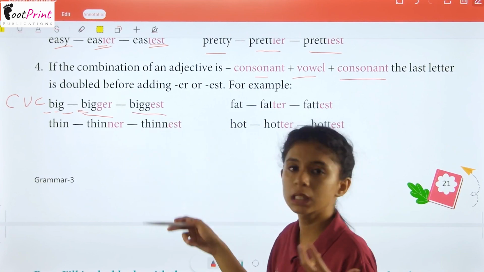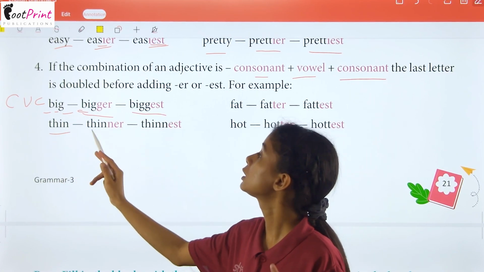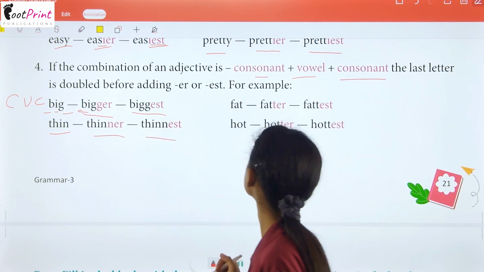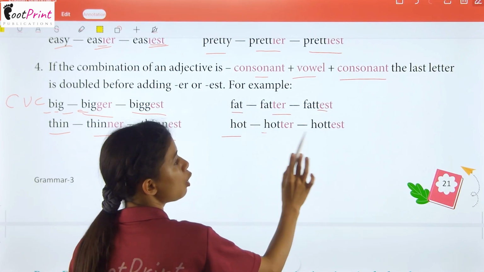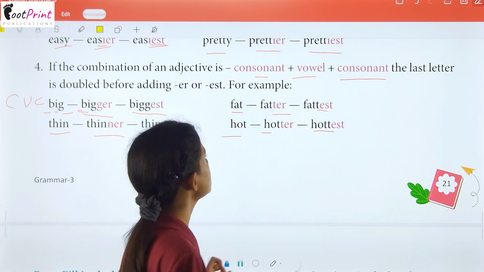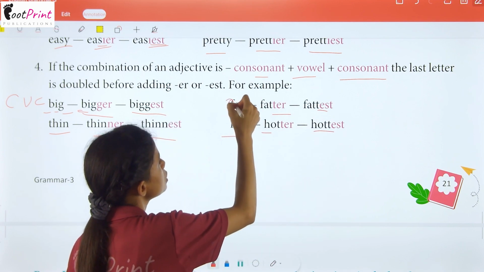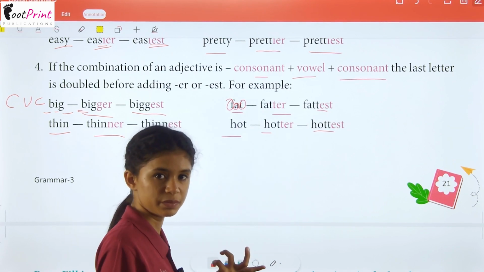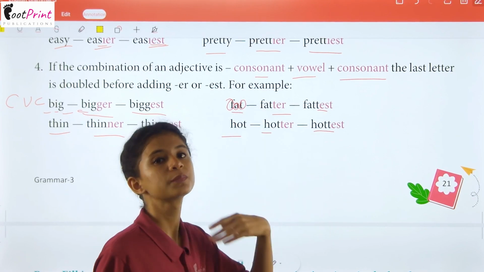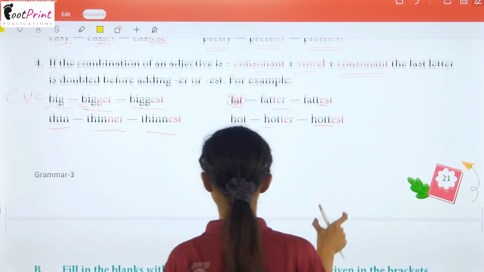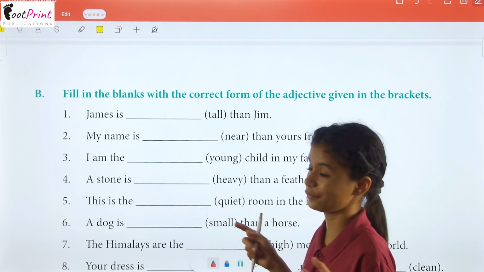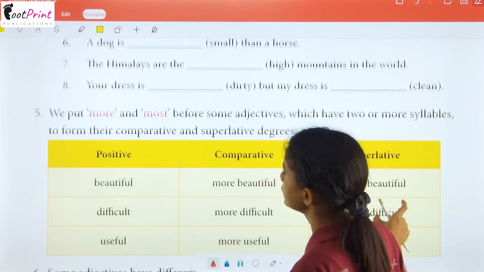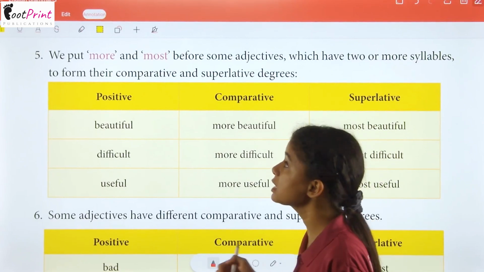Biggest, the same way. Thin, thinner, thinnest. Fat, fatter, fattest. Hot, hotter, hottest. Here you can see these words are consonant, vowel, consonant. CVC words. So the last letter will be doubled. Now you have to do this exercise on the basis of what I have just explained. And let's see what we have next.